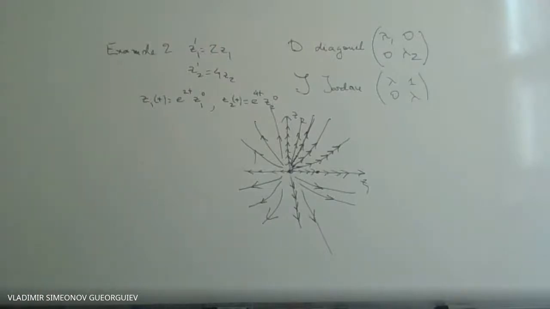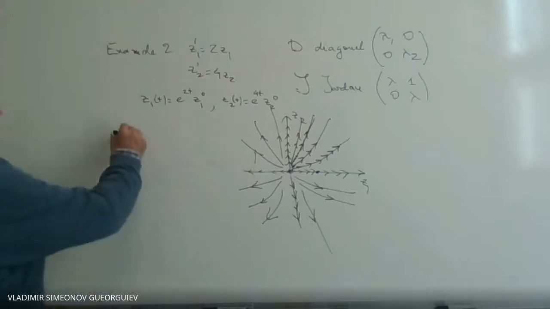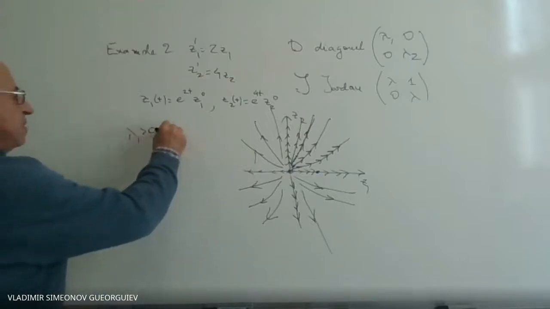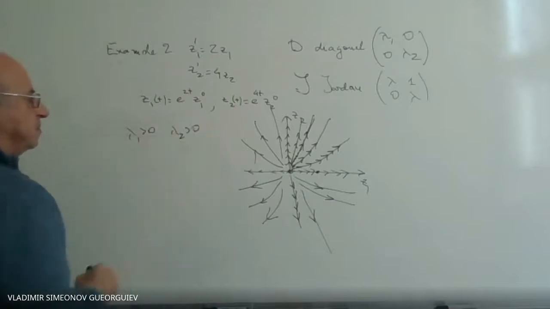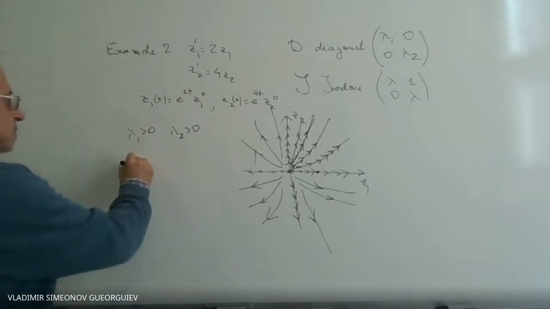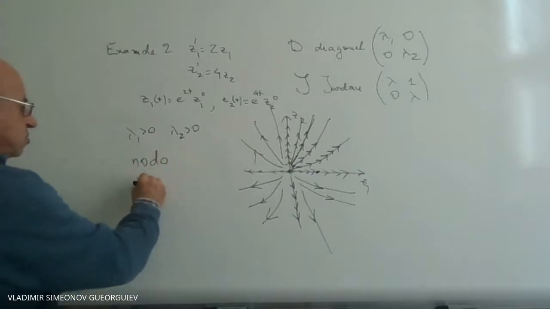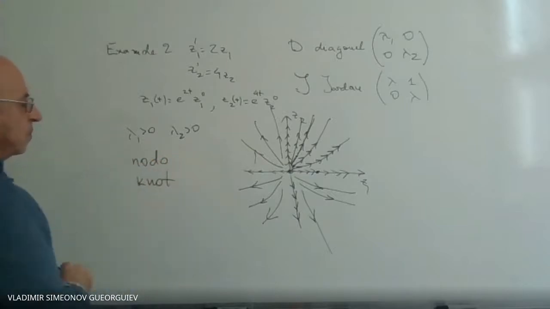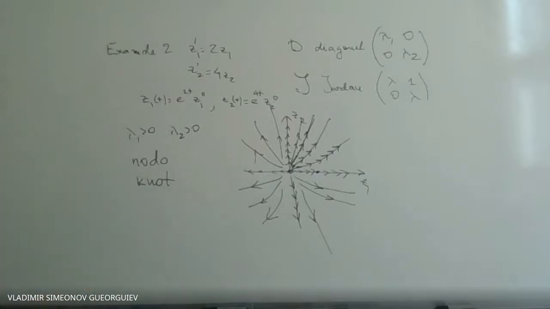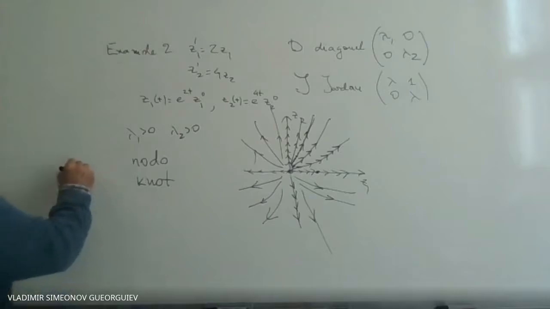And this is the typical situation when we have lambda 1 positive, lambda 2 positive. We have "nodo" in Italian, in English not. And here we can say that this is unstable.